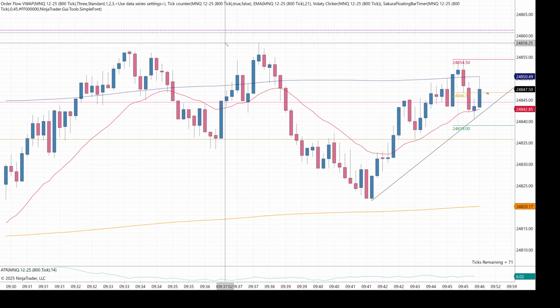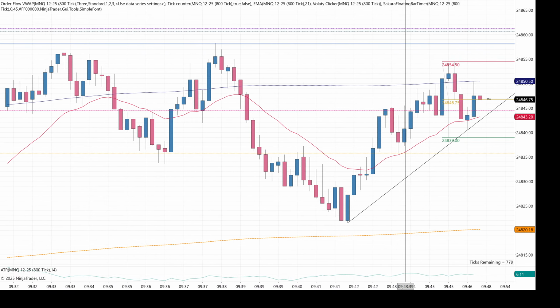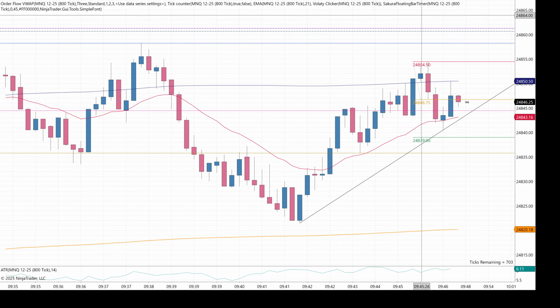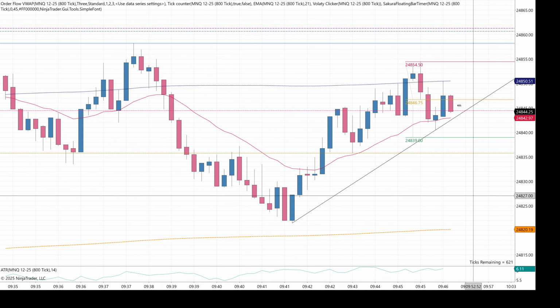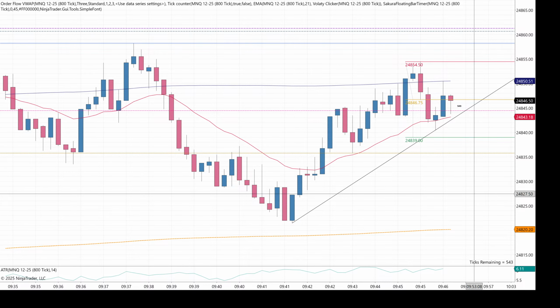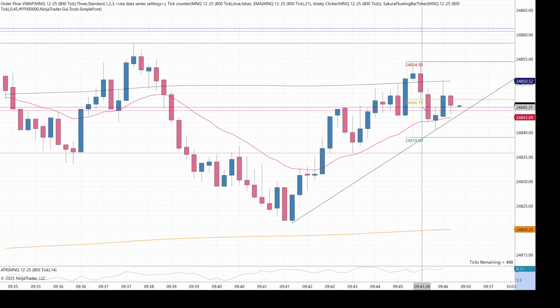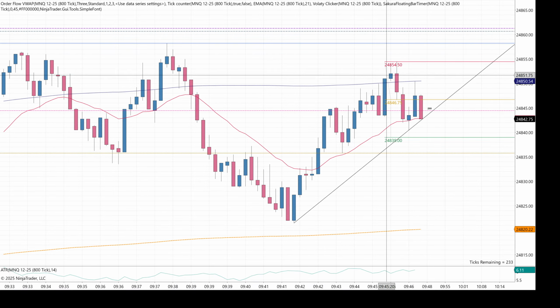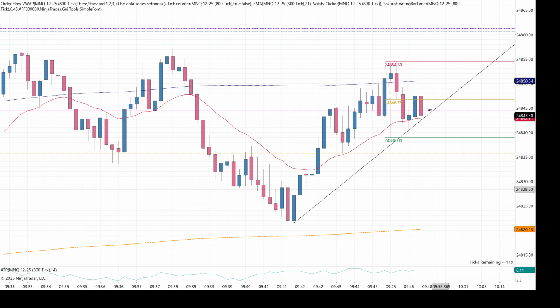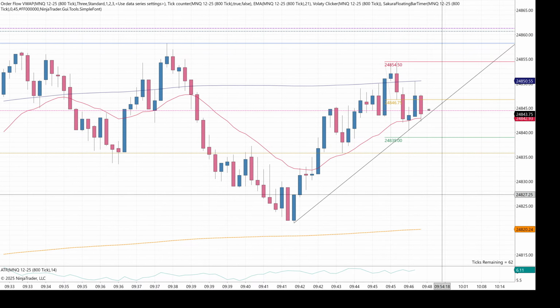Go ahead and mark this high here. Apparently could be an area of resistance. We still haven't filled the gap. We're still in this bearish move that hasn't finished.